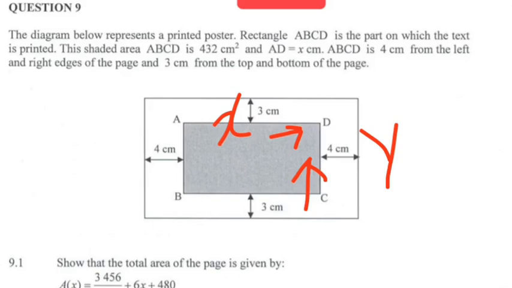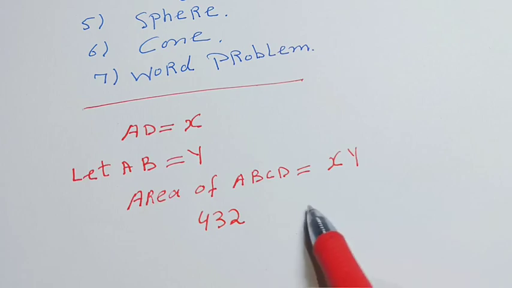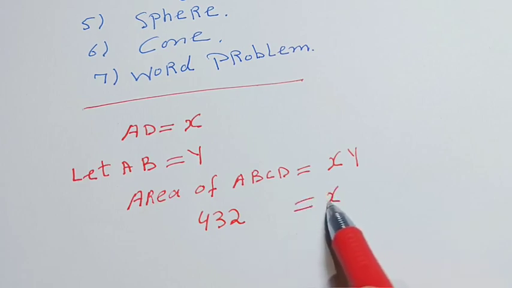So remember, this shaded area is 432 centimeters squared. The length multiplied by breadth is the area of the rectangle, xy. Now the shaded area has been given, so 432 centimeters squared is equal to xy.